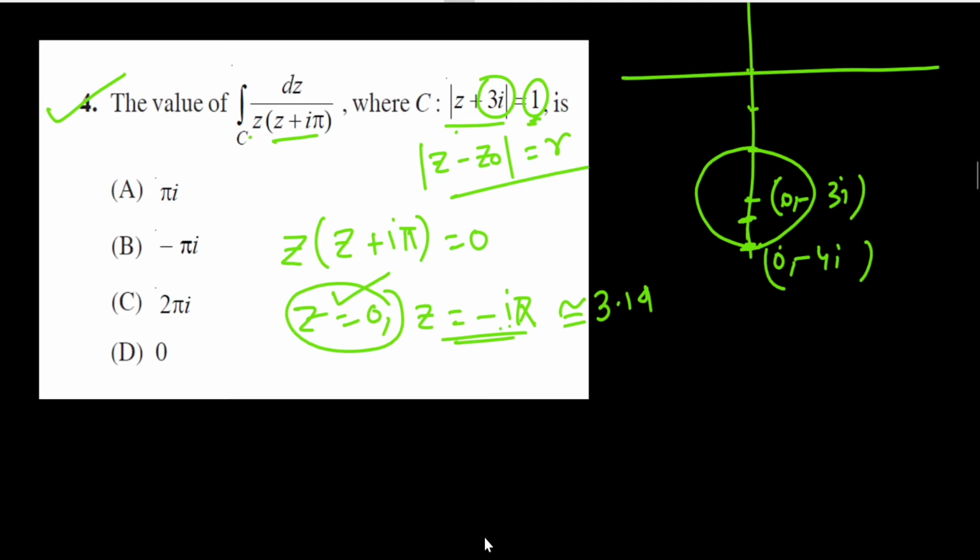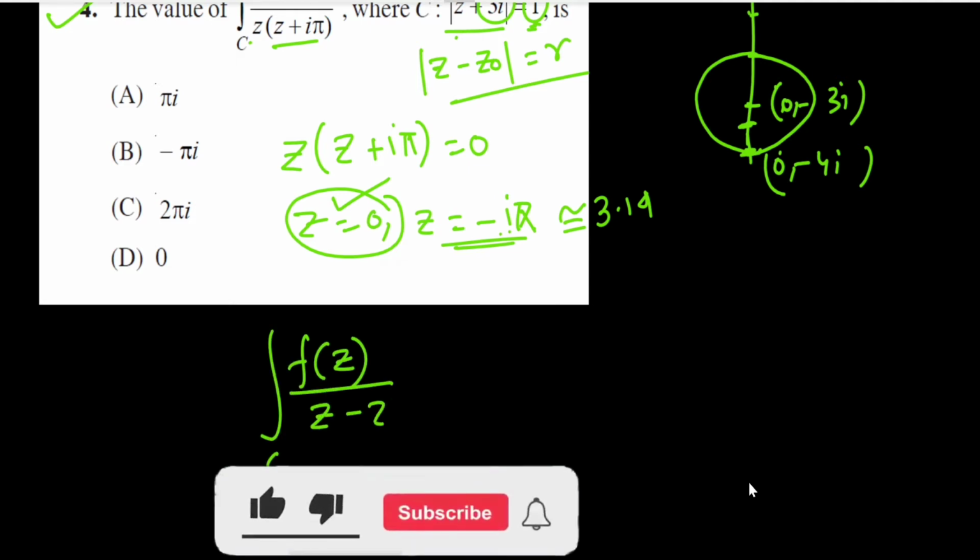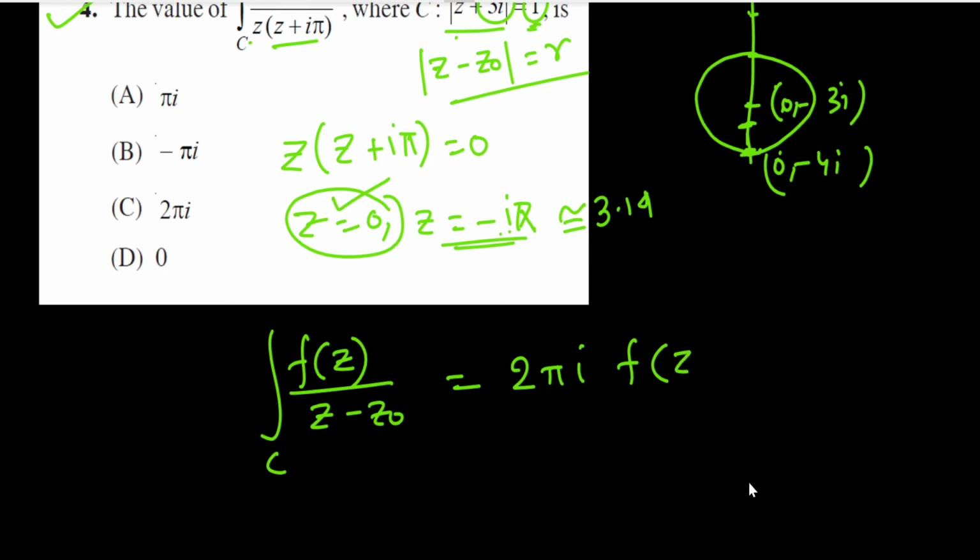Now by the Cauchy residue theorem we find the value of the integral. Use Cauchy's theorem of integration. We have the value of the integral of f(z) by z minus z0 over c in simple form equal to 2 pi iota into f of z0, if z0 is the singularity.